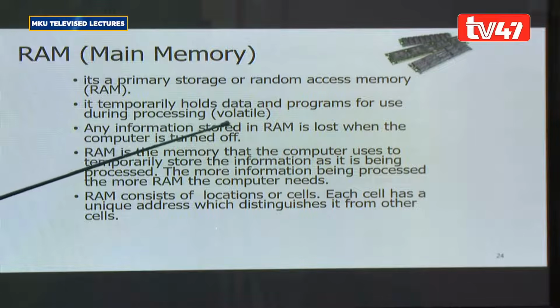Remember, we've talked about this memory being volatile. What do you mean by volatile? It can be erased once the power goes off, or in case you close the application, the data goes. Any information stored in the random access memory is lost when the computer is turned off.